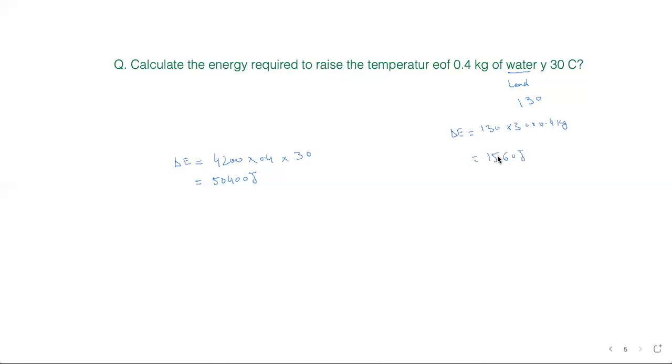You see here, such a big difference, 50,000 against 1,500. So lead you can heat up very, very easily compared to water.